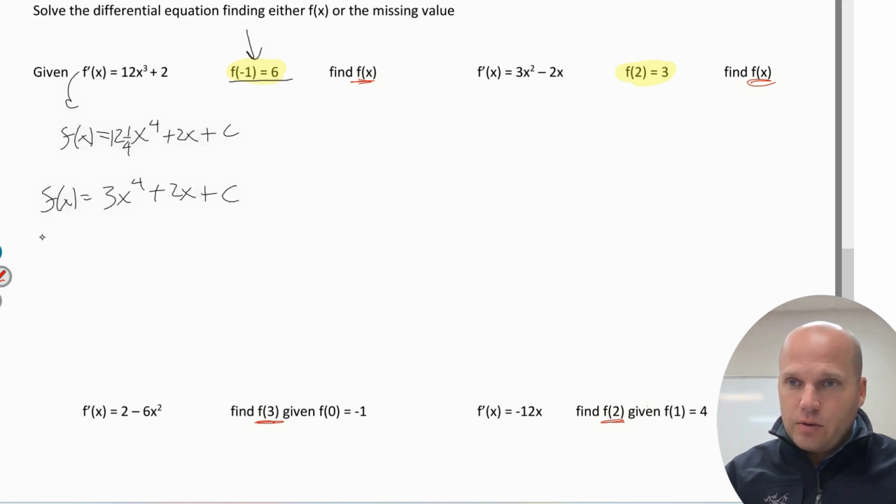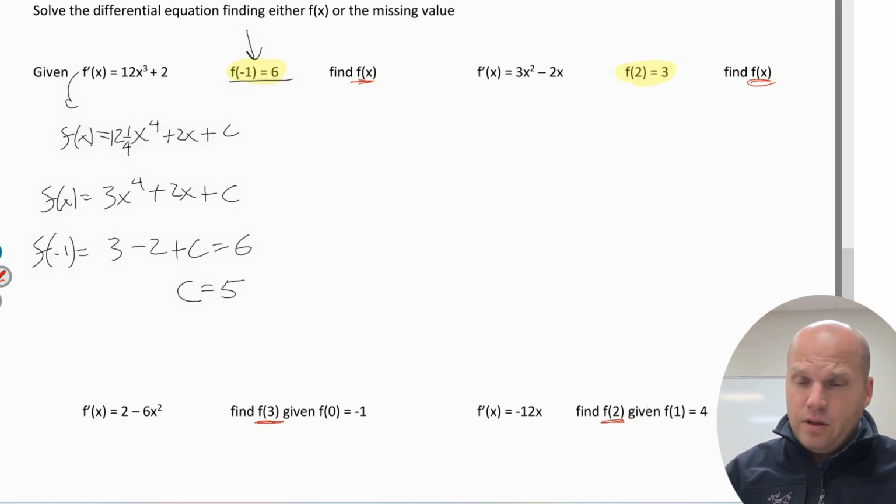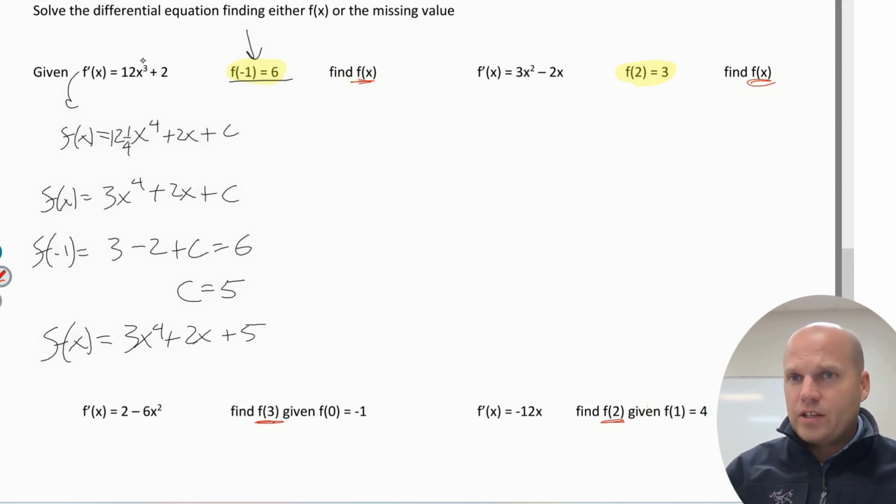If f of -1 equals 6, we get c is equal to 5. And there you go. That's my specific f of x, whose derivative is 12x cubed plus 2, that has the point negative 1, 6.